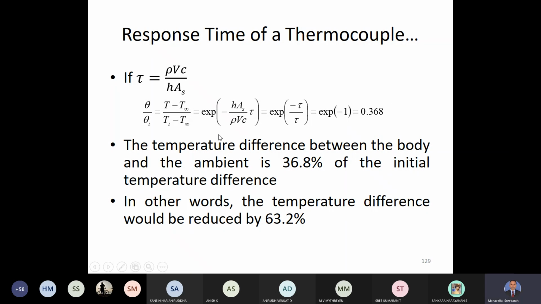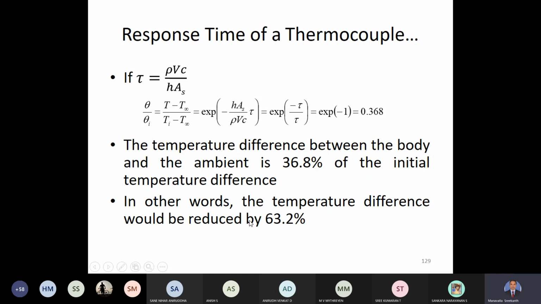So the temperature difference between the body and the ambient is 36.8% of the initial temperature difference. That means for this given time, the temperature difference between the thermocouple bead and the medium whose temperature we are trying to measure is 36.8%. In other words, the temperature difference would be reduced by 63%.